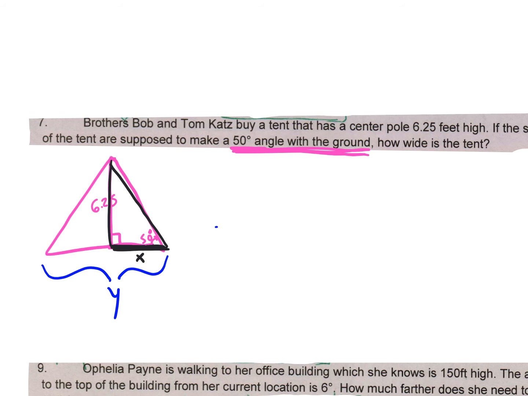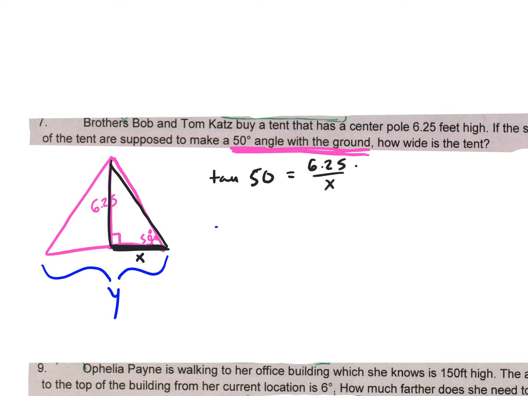So using 50 as my theta, which trig function do I have to use? Tangent. So tangent of 50 is equal to what? 6.25 over x.